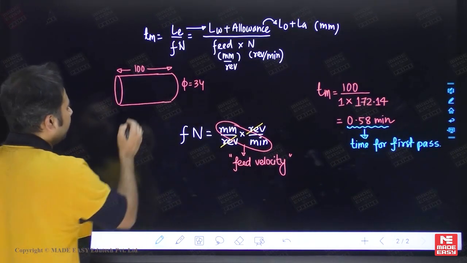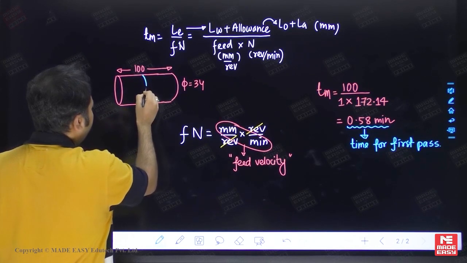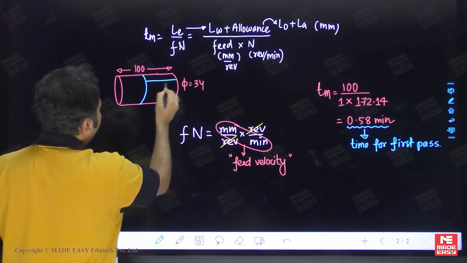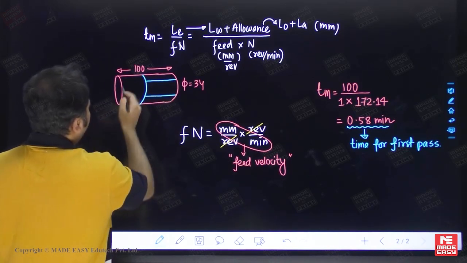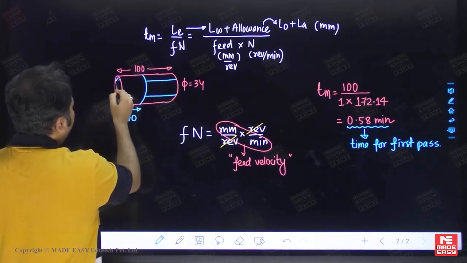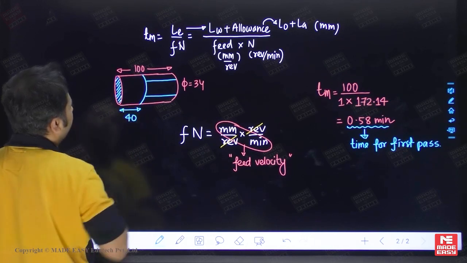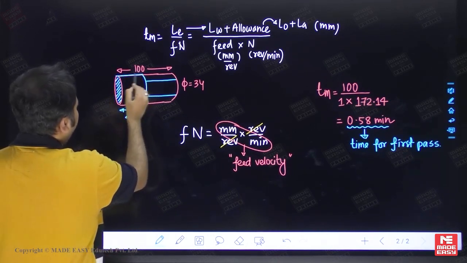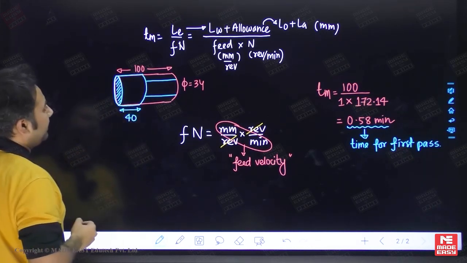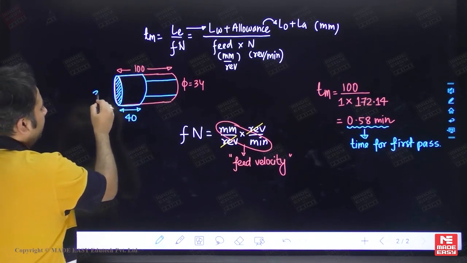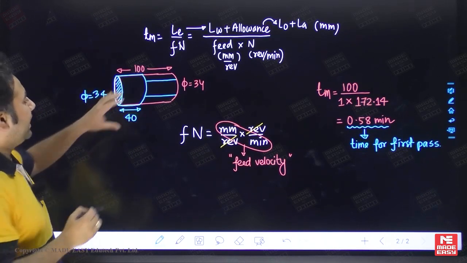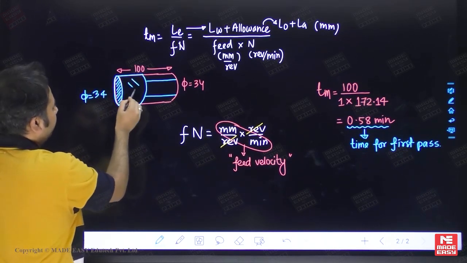The second pass will involve only the remaining 60 mm, because the 40 mm length is already done after being converted down to 34 mm diameter. So we don't need any further machining in this section.